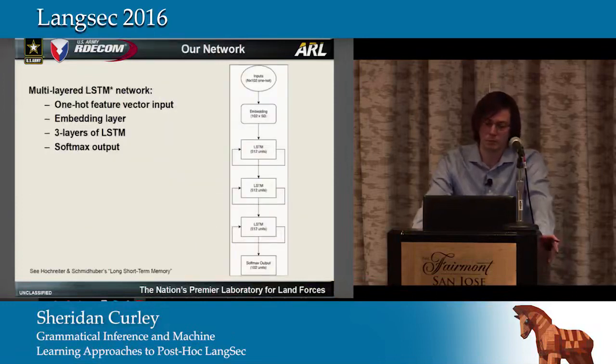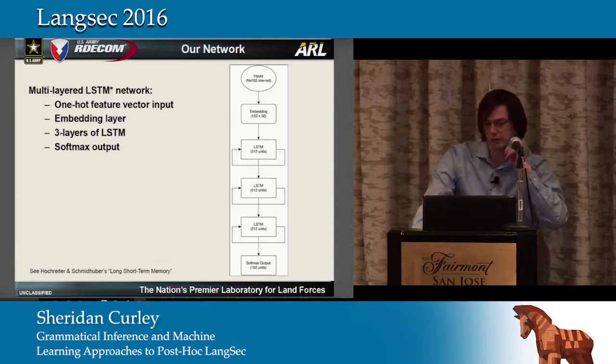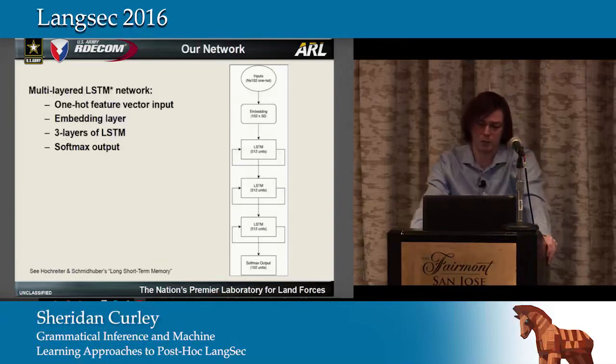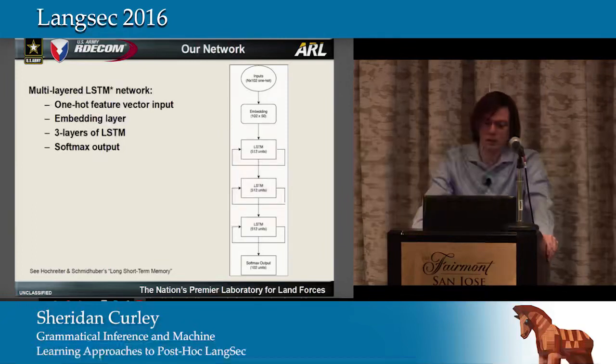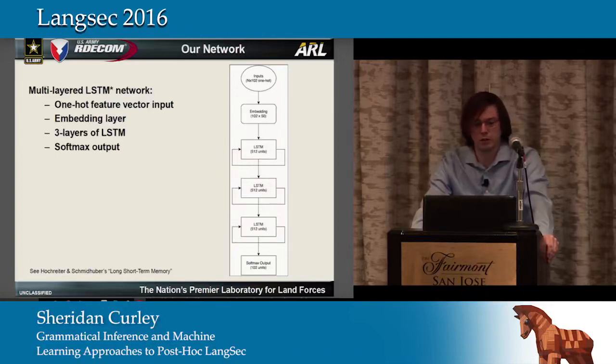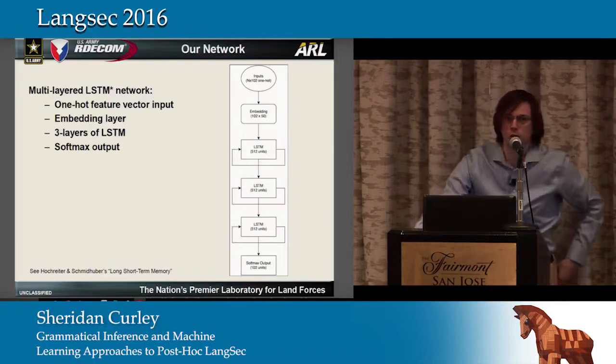And some positive examples. The network we use is a multi-layered LSTM. It's a long short-term memory, from a paper by Hochreiter and Schmidhuber, so you can take a look at that if you're interested. Basically, our input is a one-hot feature vector input. It has one-hot encoding for the various characters that can appear in the alphabet.